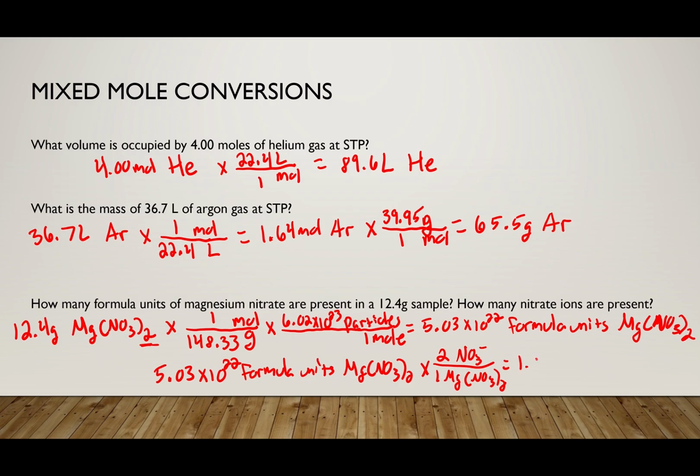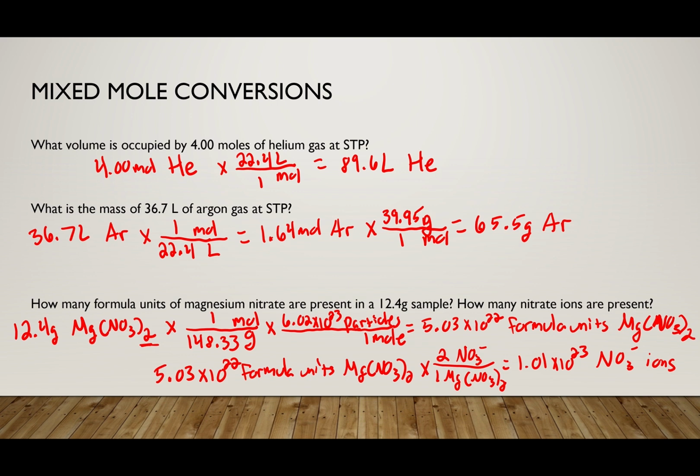We get 1.01 times 10 to the 23 nitrate ions.